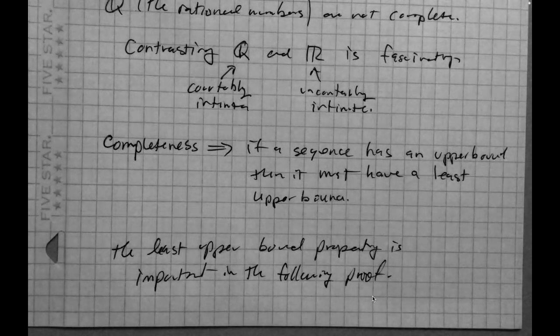A lot of the reason that calculus works the way it does is because of this completeness property of the real numbers and this least upper bound idea. But that's for another course. We are going to use the least upper bound property here in this coming theorem.